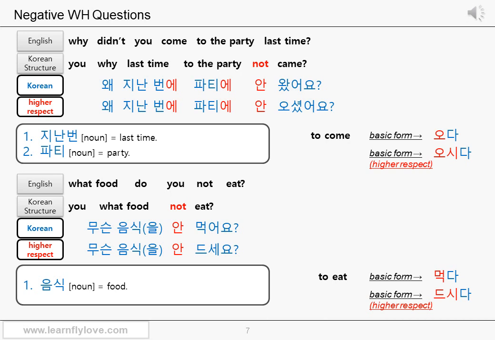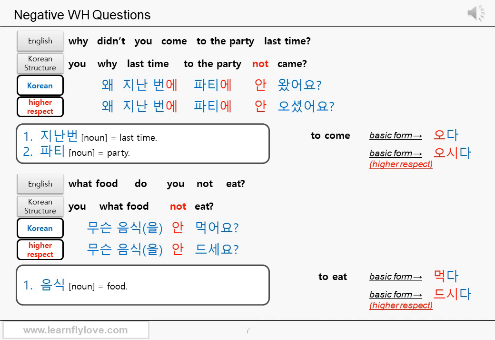The basic form of 않아요 is 않다, which means to be not. And the basic form of the higher respect form is 않으시다. You learned all about this already. You miss our over-explanation, right? Okay, let's take a look at the next example.